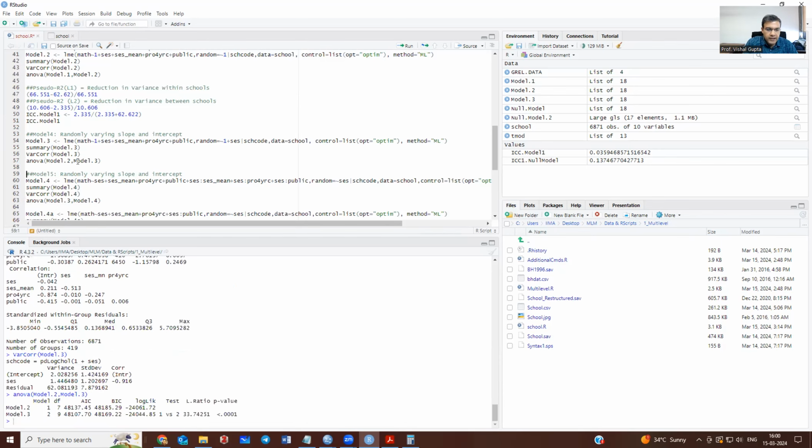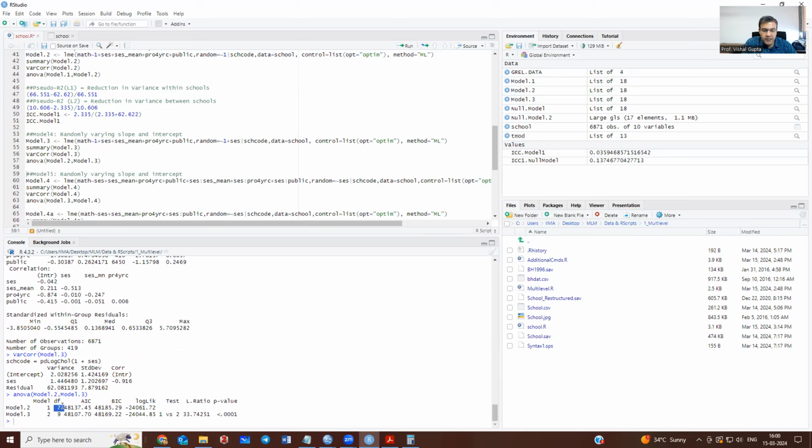If we compute the previous model, model 2, which was random intercept, and do ANOVA, what does it say? Model 2, which was our random intercept model, the AIC was this much, BIC was this much, and log likelihood was this much. Now you see the parameters. The parameters are not 8, they are reported to be 9.